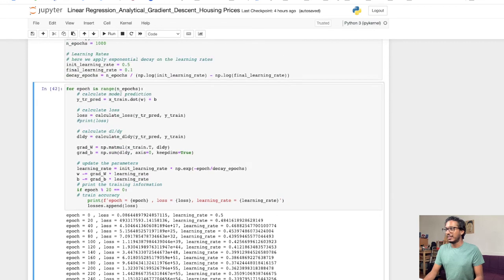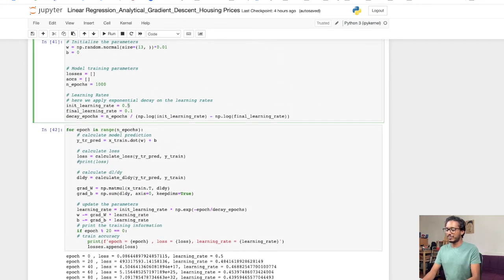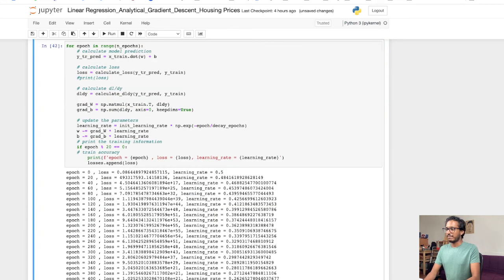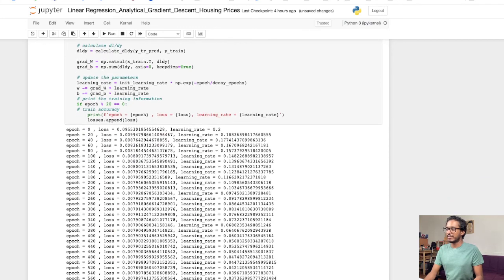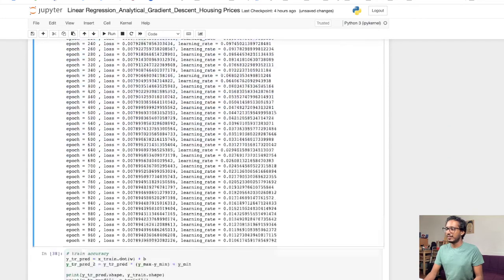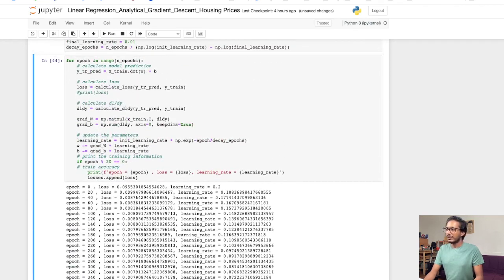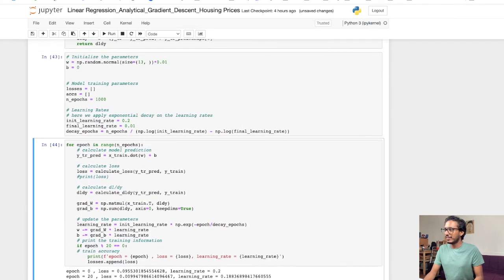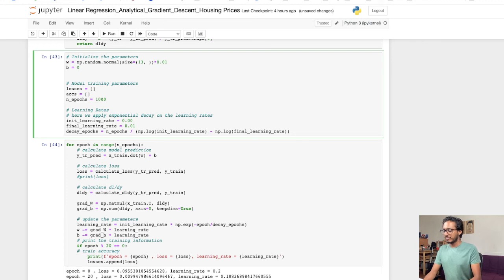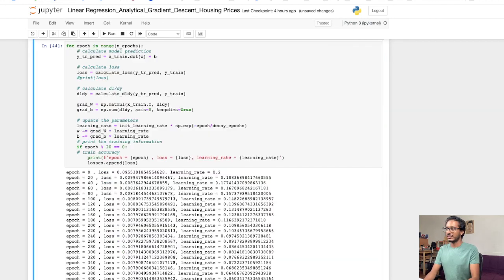So let's go back to our 0.2 to 0.01. This should give us something like last time. Yeah, we'll go down to 0.007. So this is good. Now let's try the other way around. What if our learning rate is really slow? So 0.001 to 0.001.